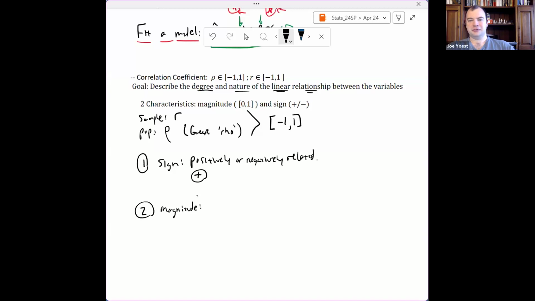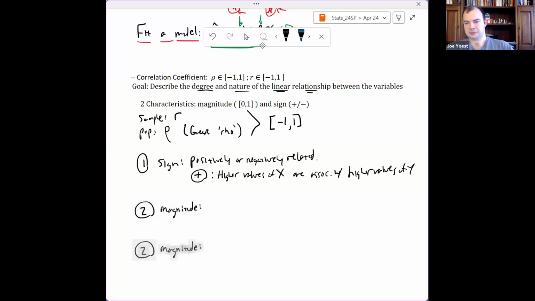If the sign is positive, that suggests that higher values of x are associated with higher values of y, and vice versa. And that lower values of x are associated with lower values of y.